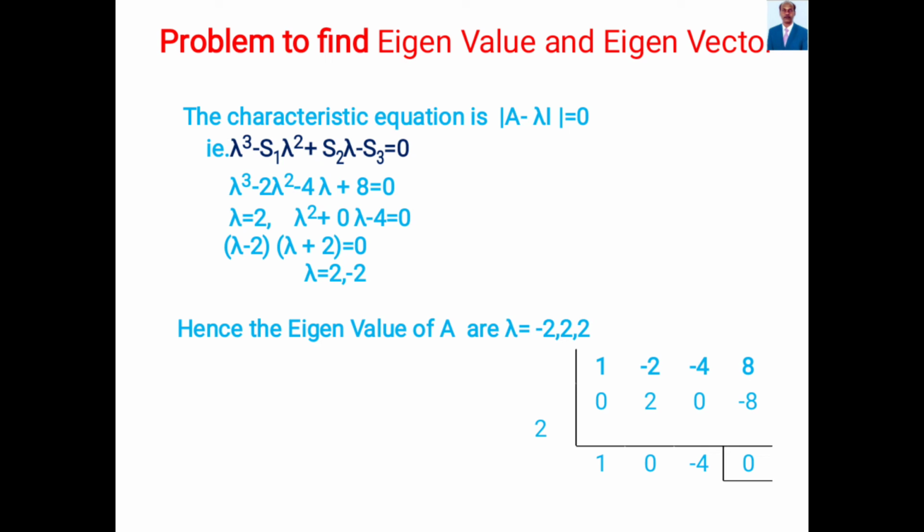Now we simplify: lambda square minus 4 equal to 0, that is lambda minus 2 into lambda plus 2 equal to 0, because a square minus b square we can write as a minus b into a plus b. From that we get lambda equal to 2 comma minus 2. So what are the eigenvalues we have? Minus 2, 2, 2.